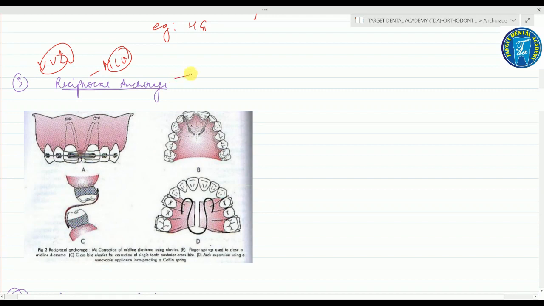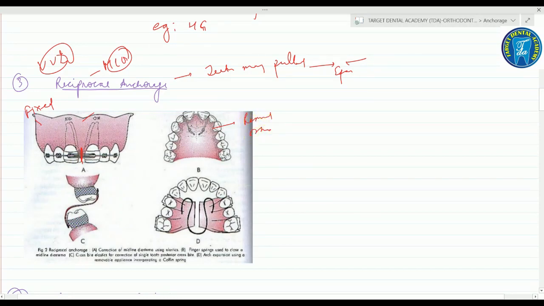So in this, the teeth may be pulled towards each other to close the space. Let's take an example of the midline. See, this is a midline space. Fine. This is in a fixed ortho, and this is in a removable ortho.